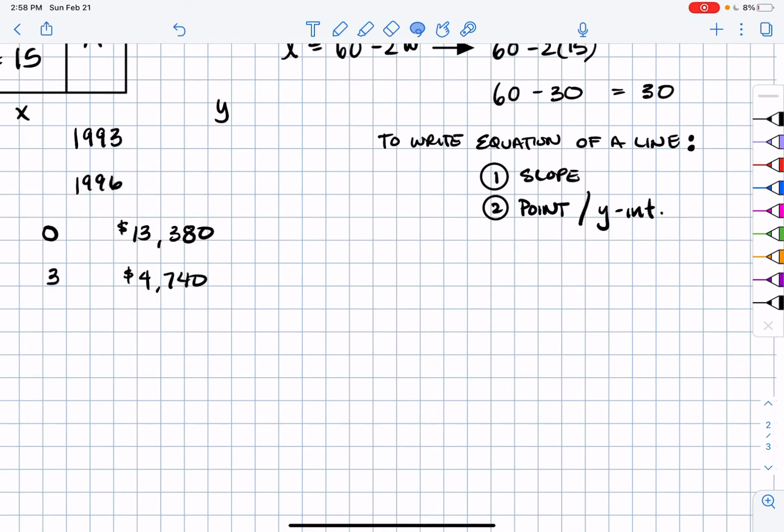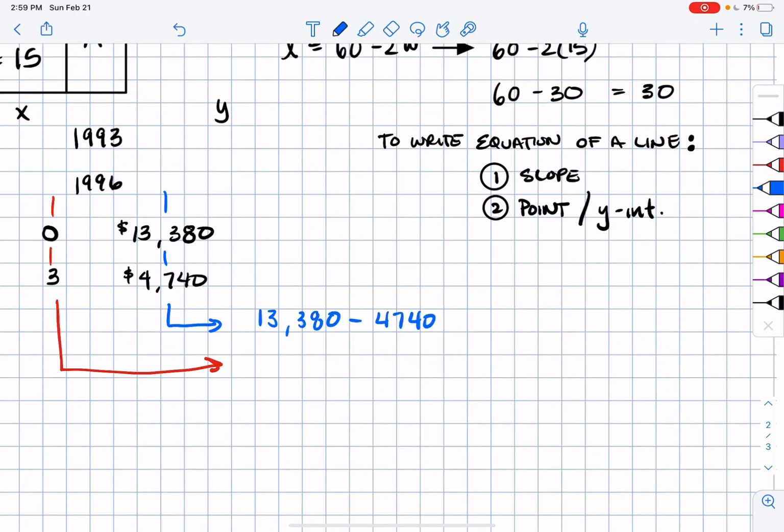So to find slope, I like to go the change in y over the change in x, right? So I have 13,380 minus 4,740 over 0 minus 3.